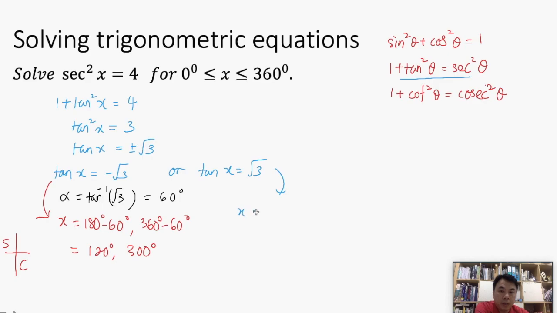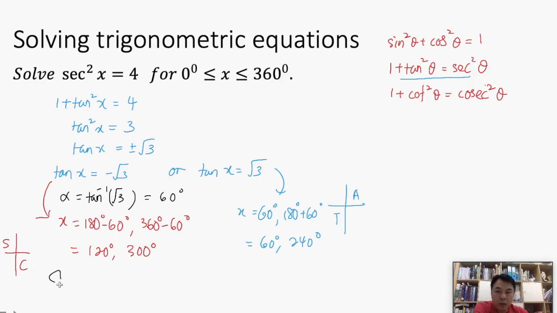And then for case number 2 here, because tangent is positive, tangent is positive here in the first quadrant and in the third quadrant. So the first quadrant is 60 degrees, and the third quadrant is 180 plus 60 degrees. That will give me 60 degrees and then 240.